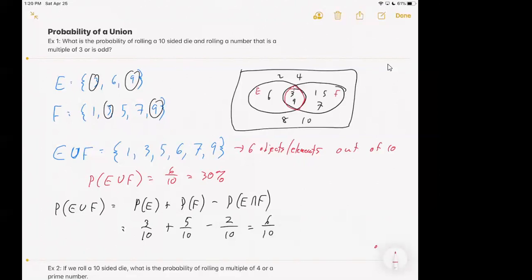So when we subtract the probability of being in the intersection of the two, we're removing one of the double countings. You can easily see that 3 and 9 are included in both the probability for E and the probability of F, and so we have to subtract it out once since it was doubly counted.